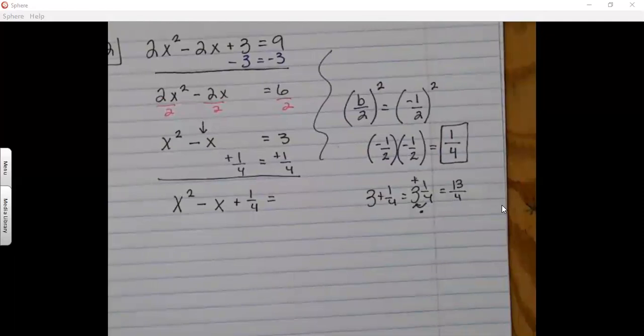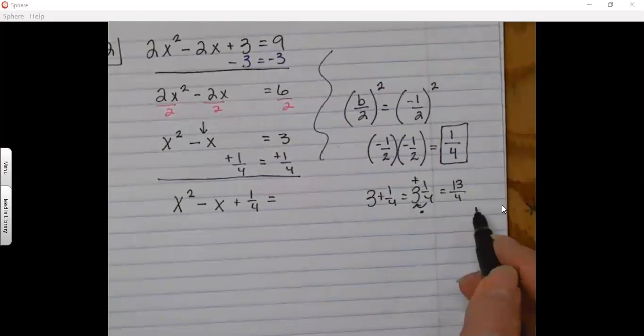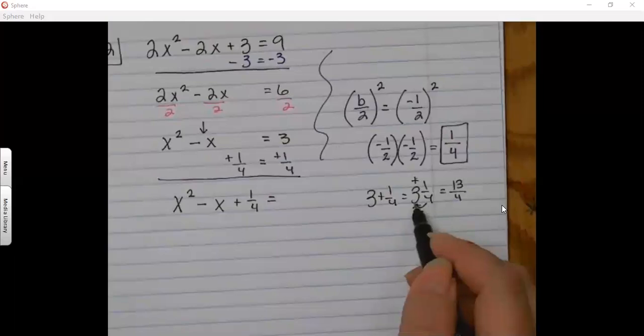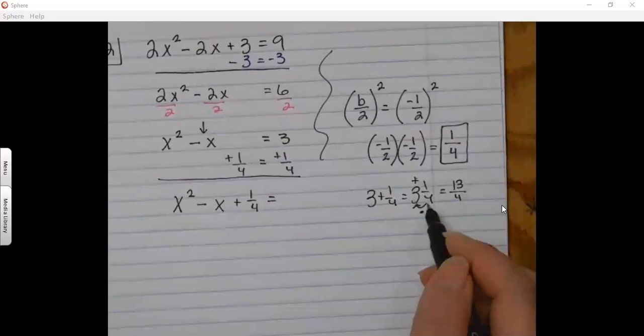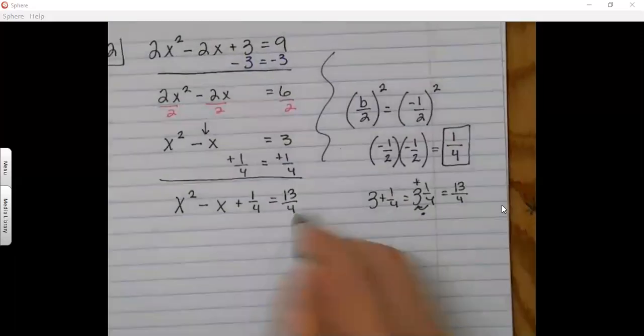So again, you do denominator times the whole number, add the numerator. So 4 times 3 is 12. 12 plus 1 is 13. The denominator remains the same. So the right side is 13/4.